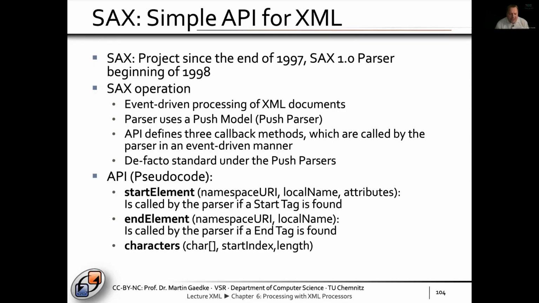In the beginning of 1998 there was already the first SAX parser available, and also a methodology on how to deal with XML documents, a certain program paradigm, if you like: an event-driven processing of XML documents that allowed a very easy approach to make use of the data in the XML document.